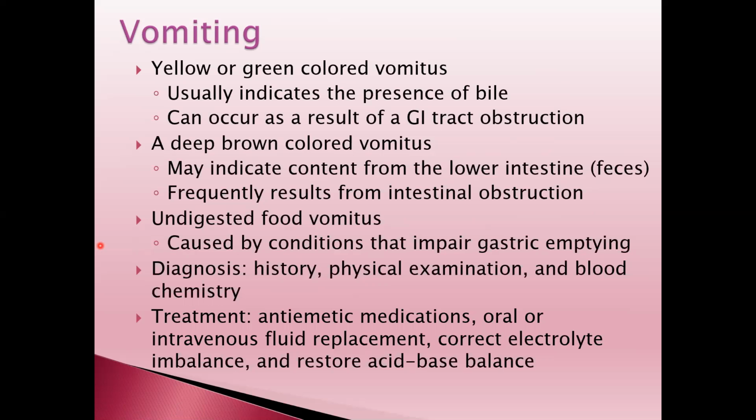Also, if you remember, hydrochloric acid is in the gastrointestinal tract, and if you're vomiting and getting rid of the acid, then a lot of times you'll have pH problems with your blood as well. So that's a metabolic pH problem.